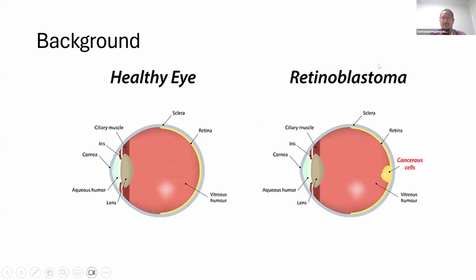This is the background. As you all know, this is the anatomy of the eye. Let me take the pen.